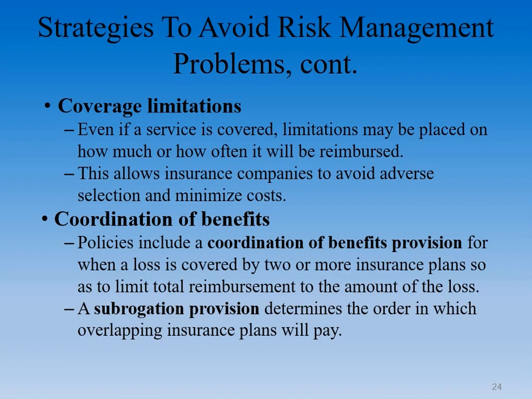There's a subrogation provision that determines the order in which overlapping insurance plans will pay. So if you have 2 types of home insurance, there will be some kind of provision that maybe the first one will pay 80% and the second will pay the 20% left over.